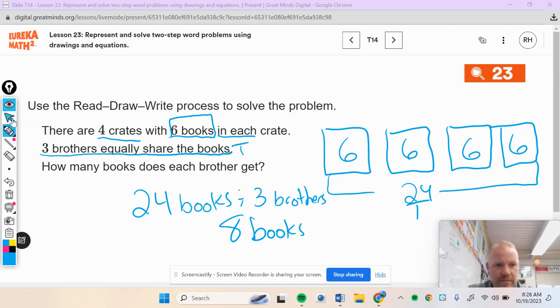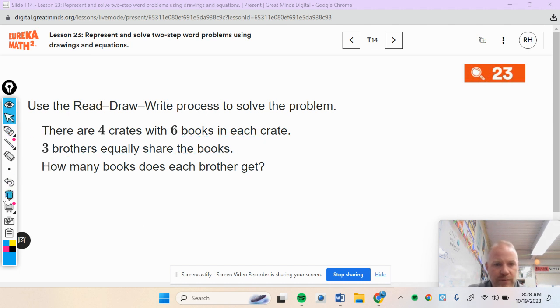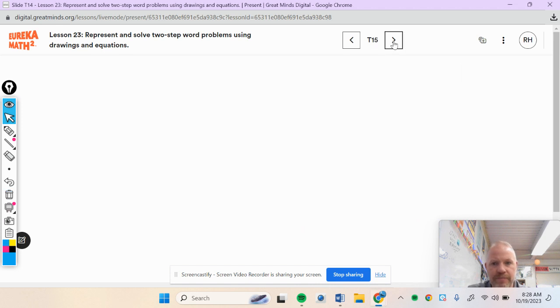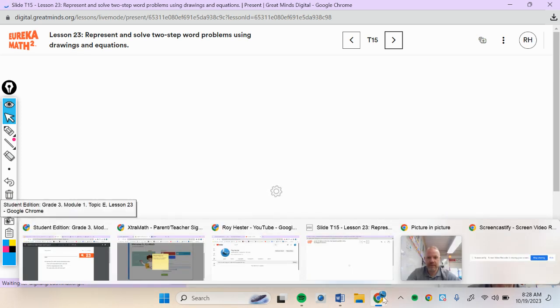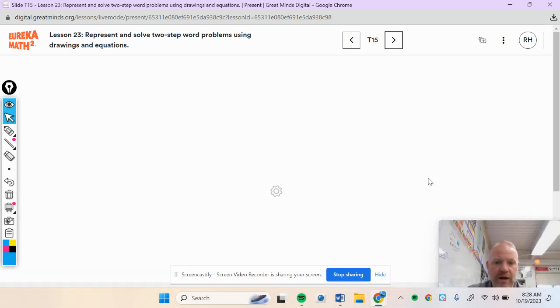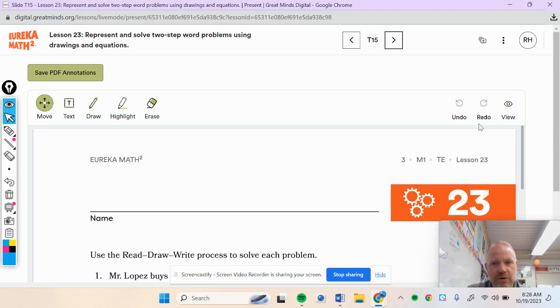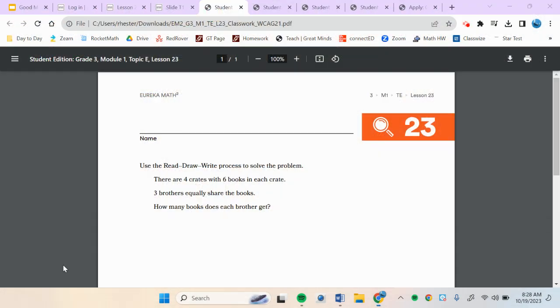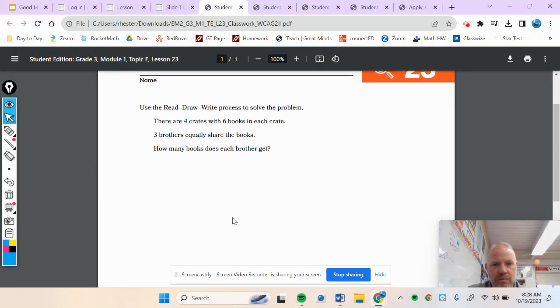So hopefully that makes sense to you, that it's a 2-step word problem, and we're utilizing our knowledge based on what we just saw with knowing the total or having to make a total. Coming out of this screen, let me just go back to this other screen. Looking at what we just did, that was on page 199.